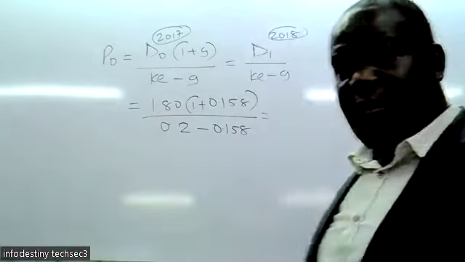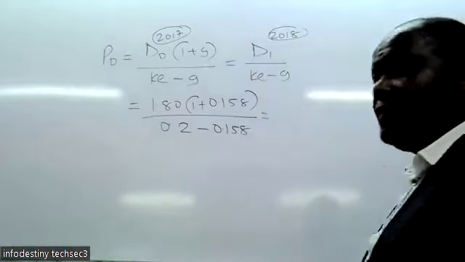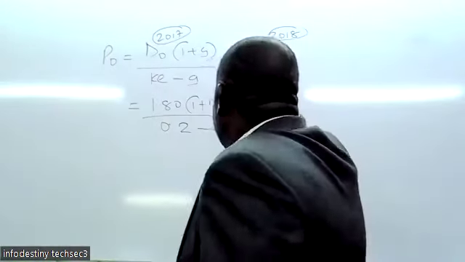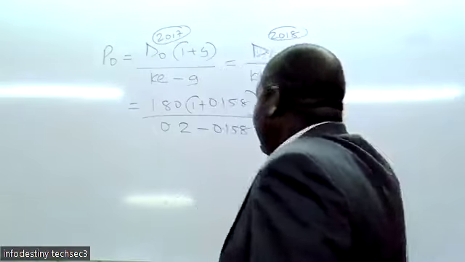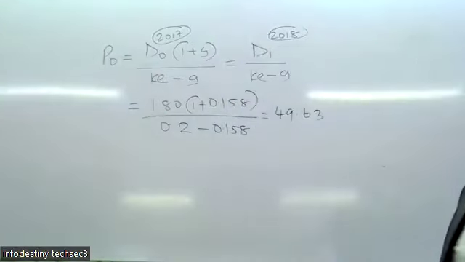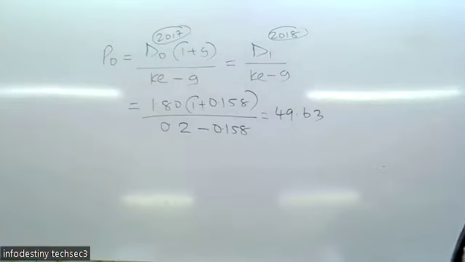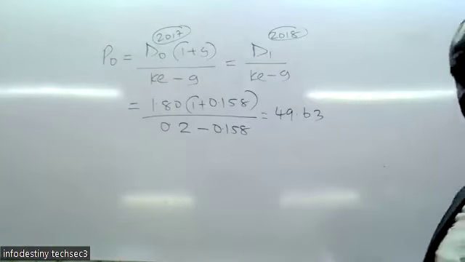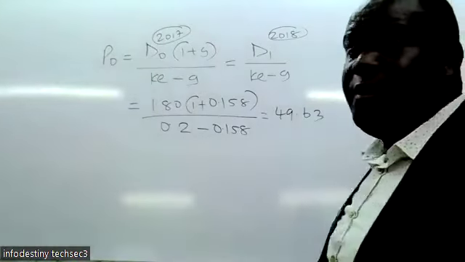So that value is coming to how much? 49.63. So the question was asking you to advise the investor on whether to buy the share using the Gordon model. So this is the theoretical value of the share.